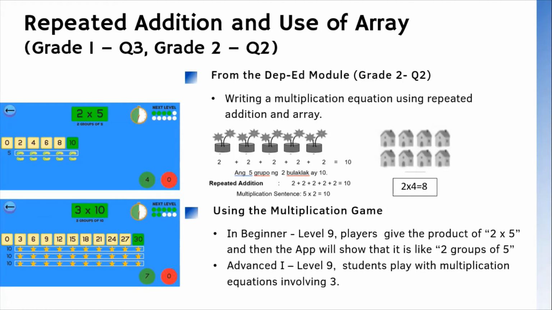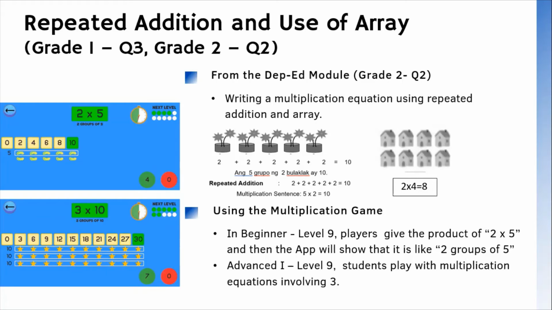Now, using an array, multiplication is also illustrated by giving 8 houses in 2 groups of 4. So 2 times 4 is equal to 8.